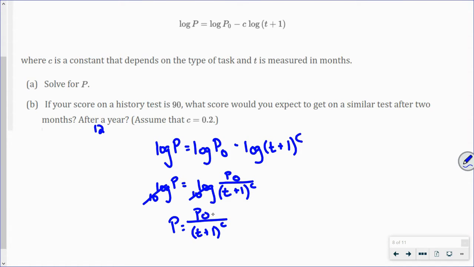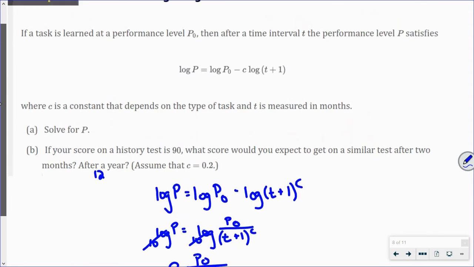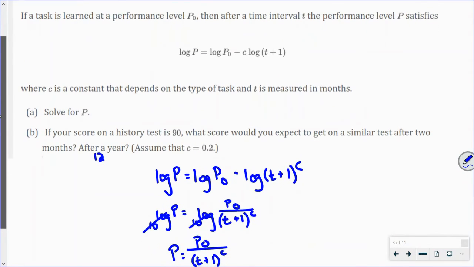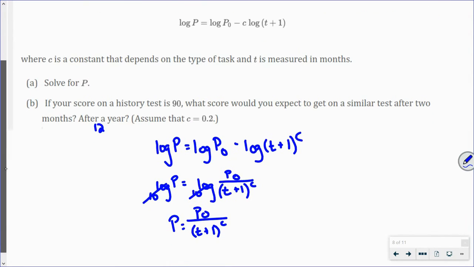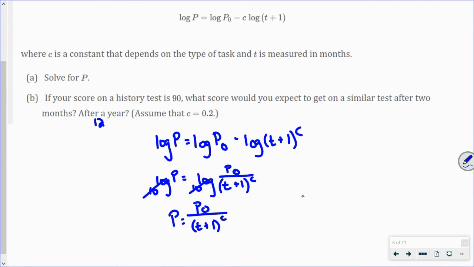Here our P naught would be 90. If we look up here, P0 is your task performance level, which was a 90. So we're looking for this P value right here.